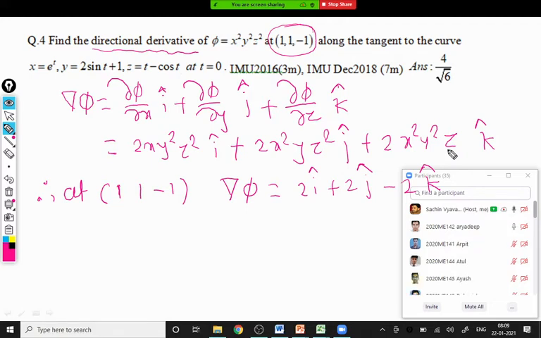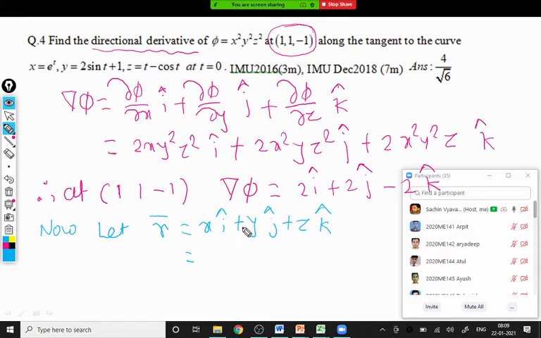Before that, what should we write before differentiation? We should write the equation of the curve, that is r bar, which is x i cap plus y j cap plus z k cap. So this is the equation of a curve. First we should write the equation of the curve and then we can find the tangent.